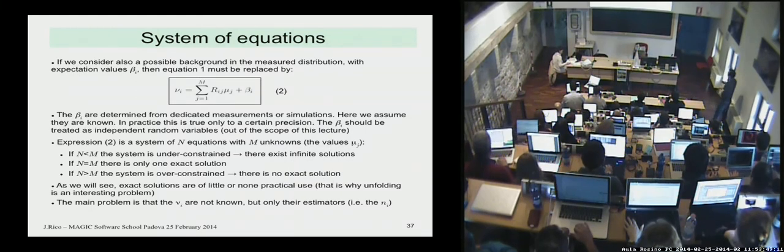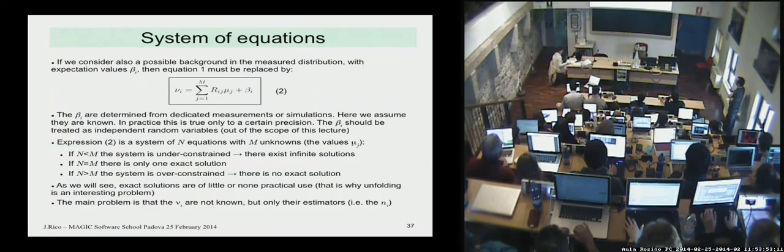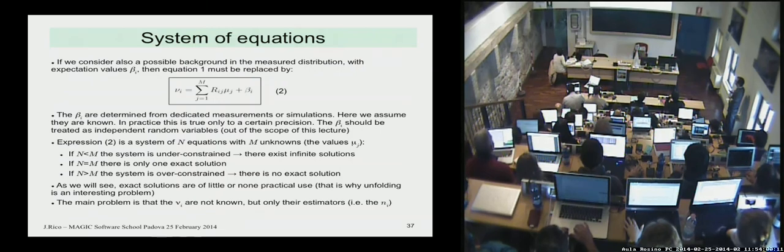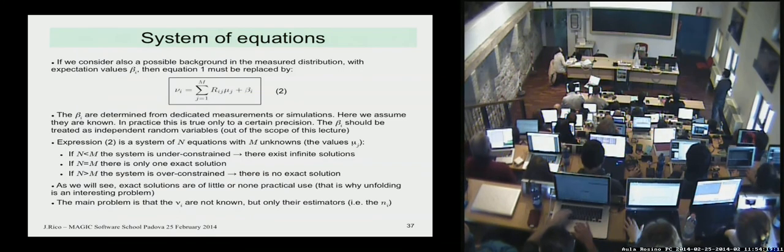Now, we can also have a presence of background in the measured distribution, and I will refer to the backgrounds as beta i, i being the measured bin. Then the equation relating the expectation values for the measurements and the true values we want to determine should be modified by adding to the expectation values of measured events this background that will be added to whatever signal we are measuring.